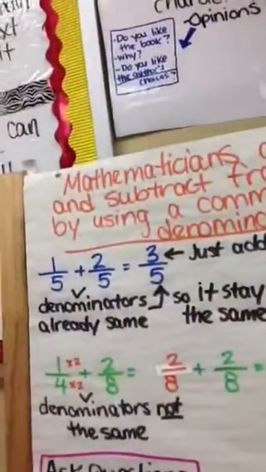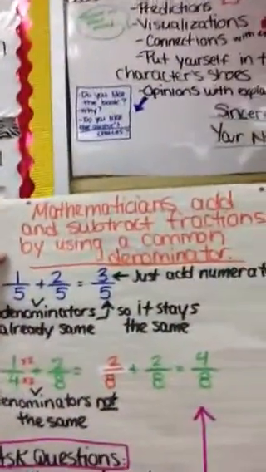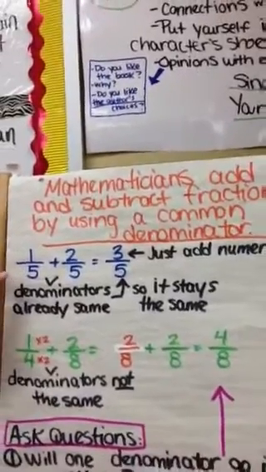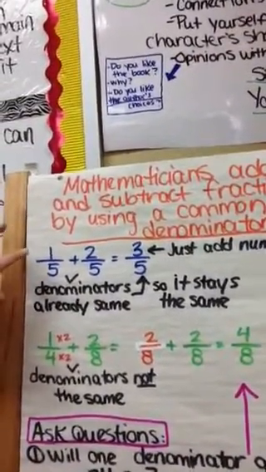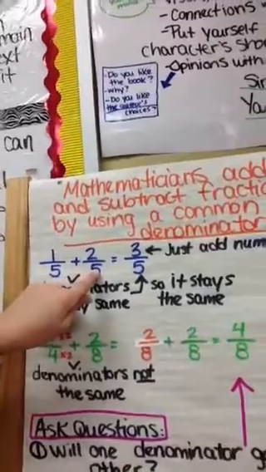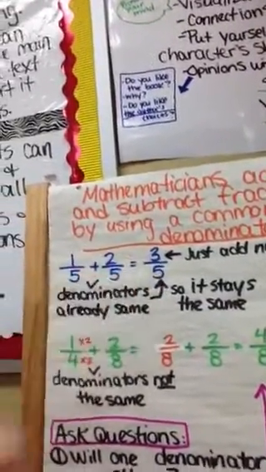So here's one last look at an anchor chart that I made. Hopefully this isn't totally backwards. Maybe it is. I'll read it to you. Mathematicians add and subtract fractions by using common denominators. So the first step was our denominators were the same, so we could just keep it the same and add our numerators.